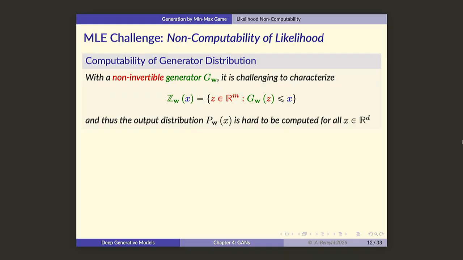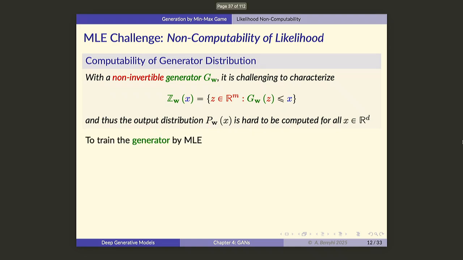What is the trouble for training? What if you want to train this generator? What should you do? I'm going to give you a bunch of points from the data set, and what do you need to do with those points? You need to compute the likelihood, and then you need to know what the distribution is.